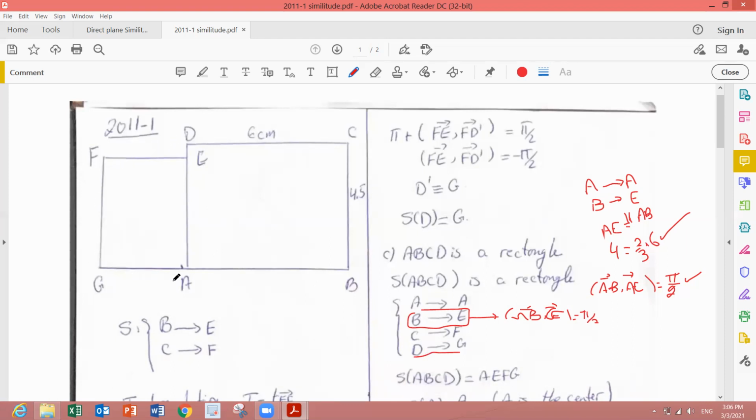The circle of diameter DG passes by A, and the circle of diameter BE passes by A. So these two circles intersect at A, then A is the center.